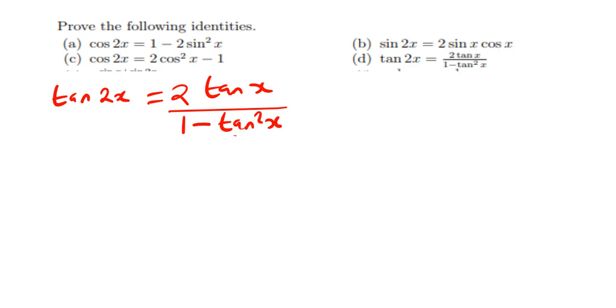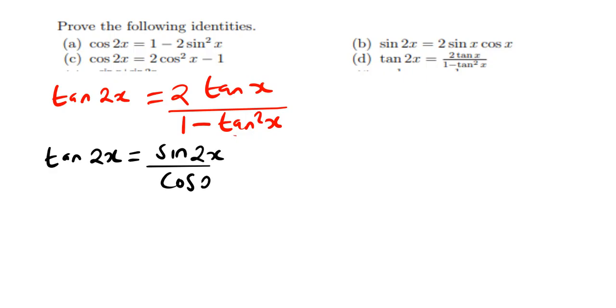So what do we do in this case when we're dealing with tan x? Now remember, tan is just the same as sine over cos, right? Because it's 2x, I'm also going to put 2x on both sides.